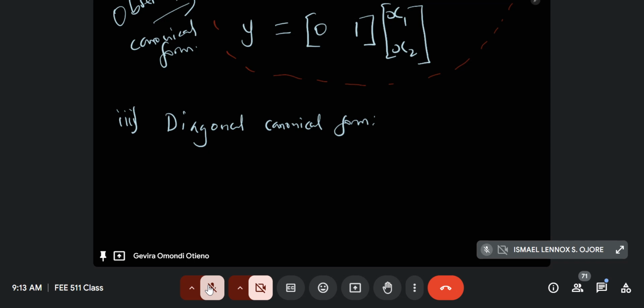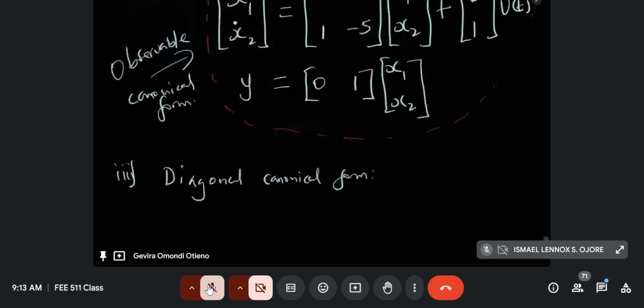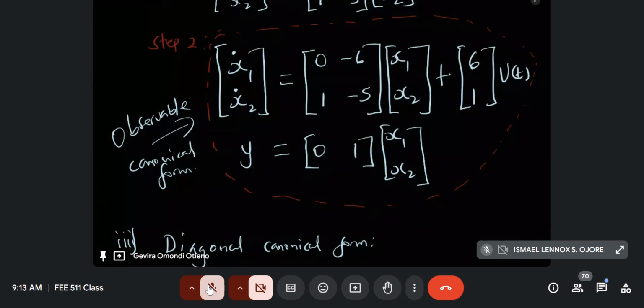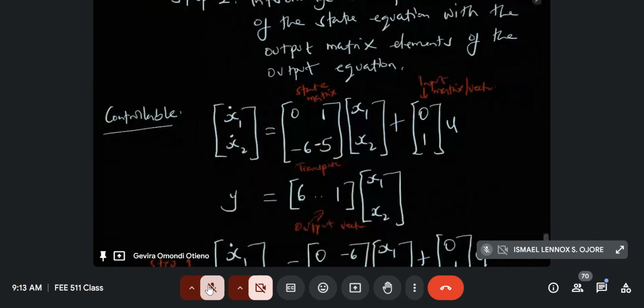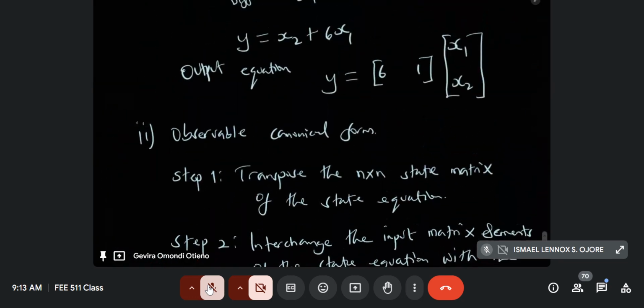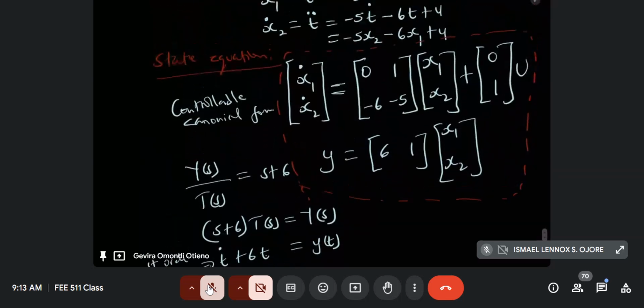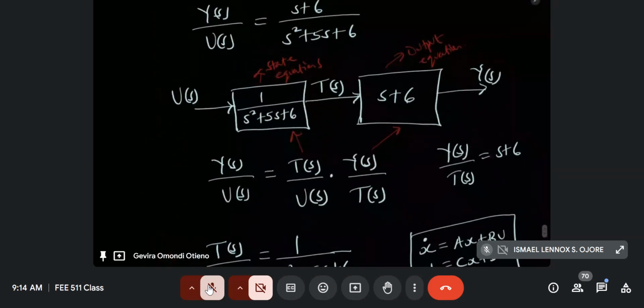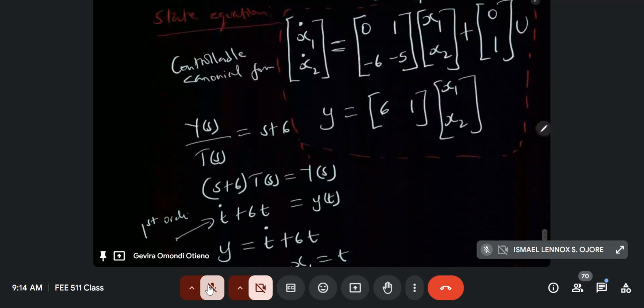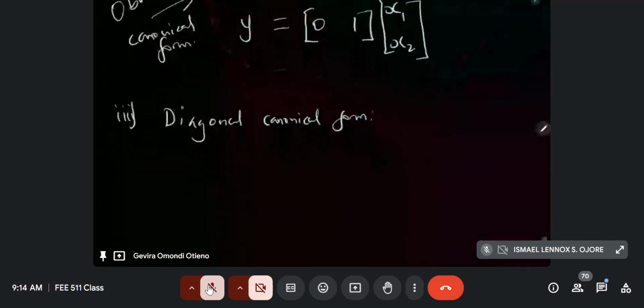In diagonal canonical form, we do not obtain diagonal canonical form from observable canonical form. Neither do we obtain it from controllable canonical form. In diagonal canonical form, we have to go back all the way to the transfer function. And this is the transfer function. So let me show you how to obtain it right from the transfer function.